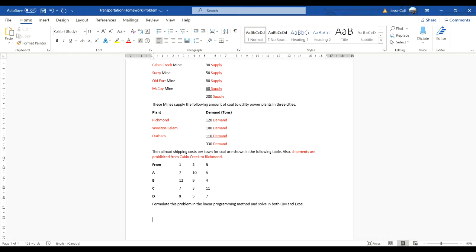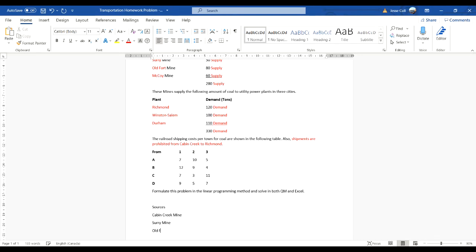So these are our sources: Cabin Creek Mine, Surrey Mine, Old Fort Mine, and McCoy Mine.